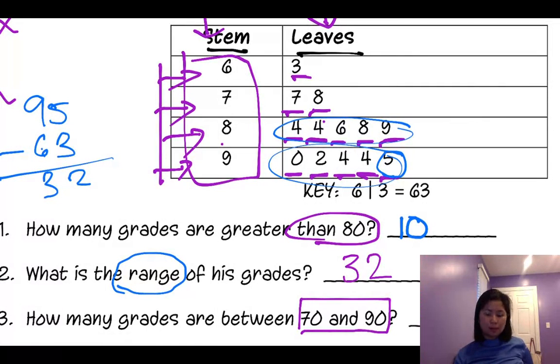So we're going to start counting, okay? I'm not going to count 70, but we don't have 70 to count, so we're going to count. We have 1, 2, 3, 4, 5, 6, 7. So we're going to have 7. Again, I don't count the 90 because it's between 70 and 90.